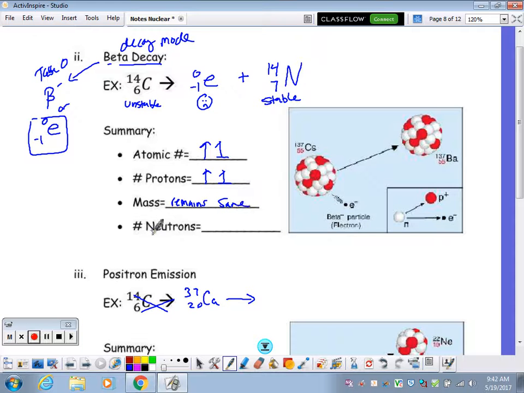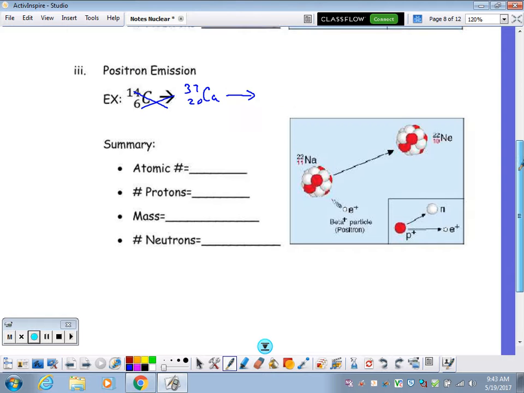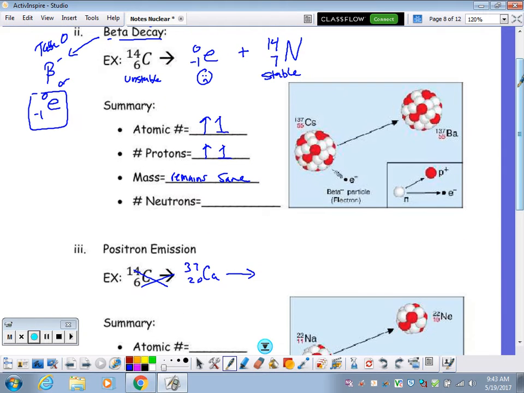Now we have the number of protons changed. So how did the number of neutrons change if the mass did not? Let's think about the math here. In carbon-14, 14 minus 6 means that there are 8 neutrons. In nitrogen-14, you have a mass of 14 and 7 protons, so 14 minus 7 equals 7 neutrons.